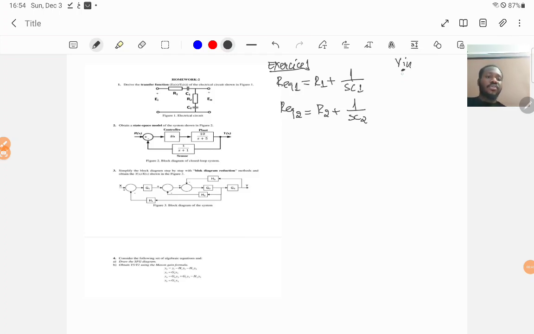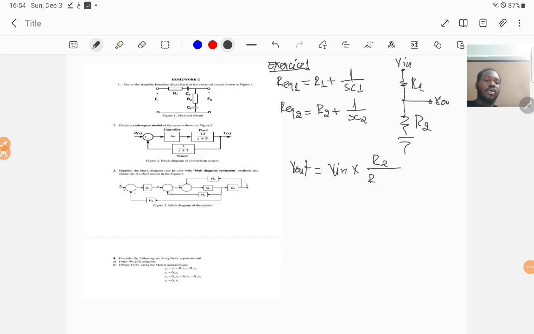For example, we have Vin in here, we have R1 and Vout in here, and we have R2 in here, and that's the ground. If we try to find the Vout in here, we will have Vin multiplied by R2 over R2 plus R1. This formula is a voltage divider that will apply for the same circuit in here.